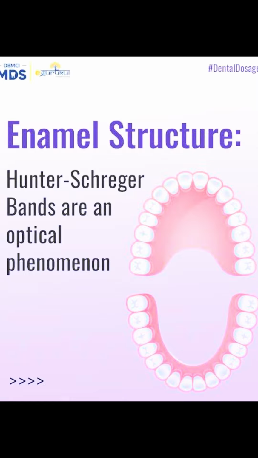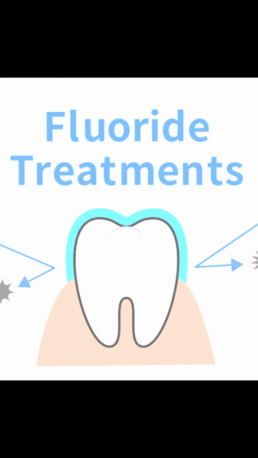What is the effect of fluoride on enamel? Enamel is soluble when exposed to acidic conditions, but the dissolution is not uniform. Solubility of enamel increases from the enamel surface to the dentino-enamel junction.